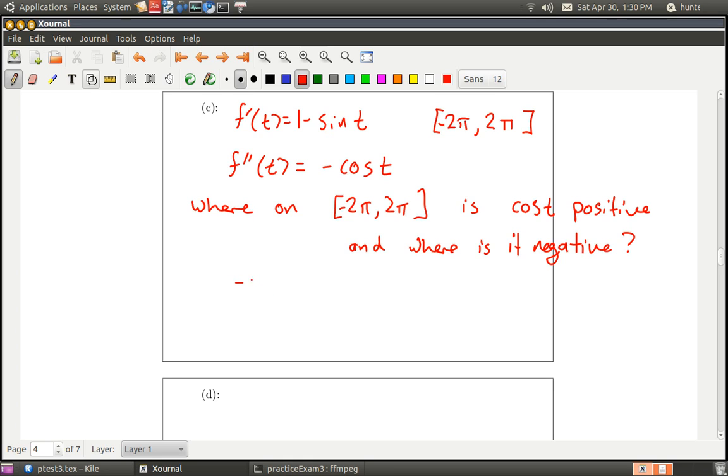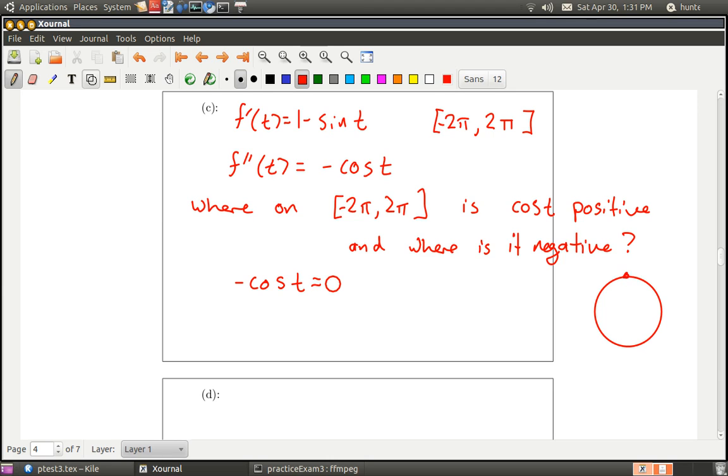So let's set it equal to 0. Negative cosine t equals 0. First we'll find its roots, and so where is it going to be true that cosine, which remember is the x-coordinate, is 0?